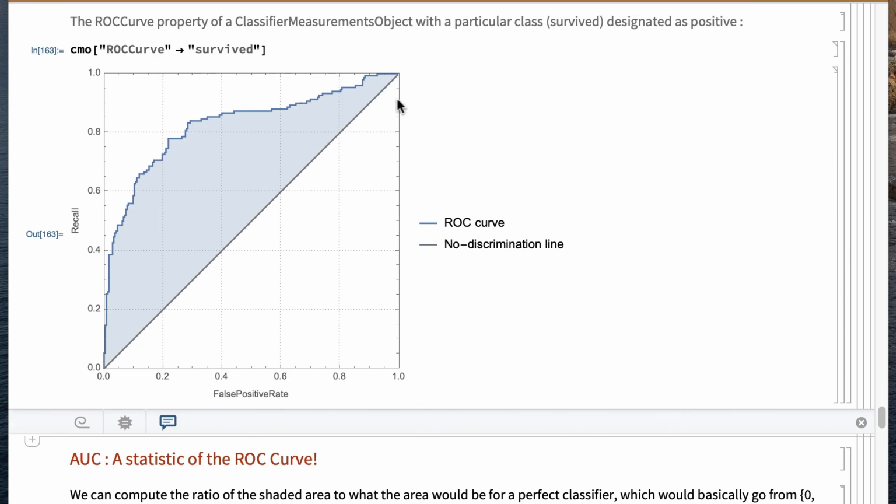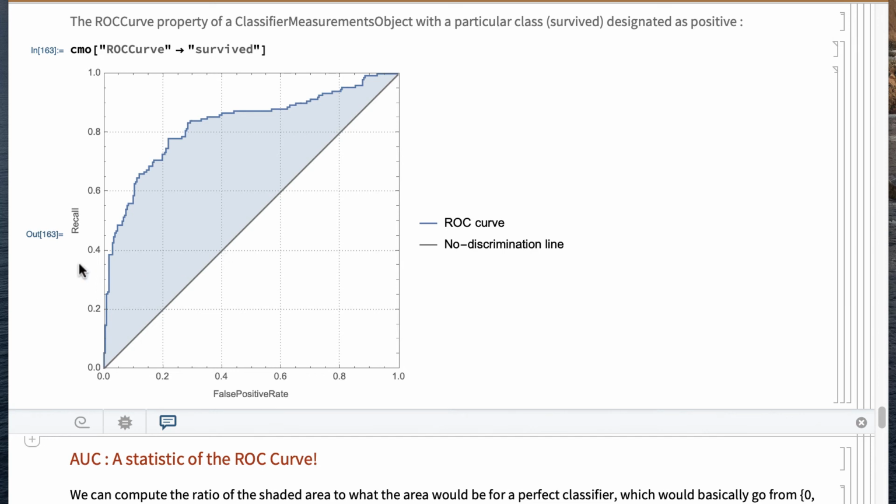What's this shaded business? And what's this legend? Okay, so here's my ROC curve. Here's what the ROC curve would look like for basically a worthless classifier. The false positive rate would be equal to the true positive rate, which it unfortunately labels as recall, because it wouldn't be able to tell who's positive and who's negative.